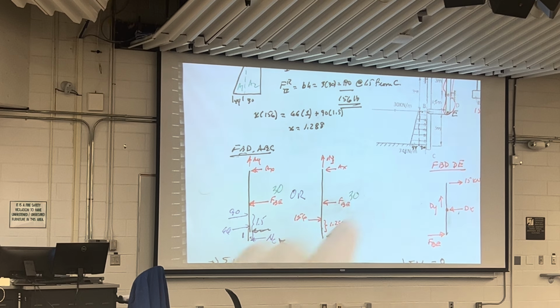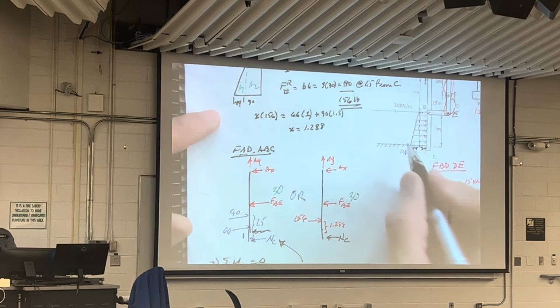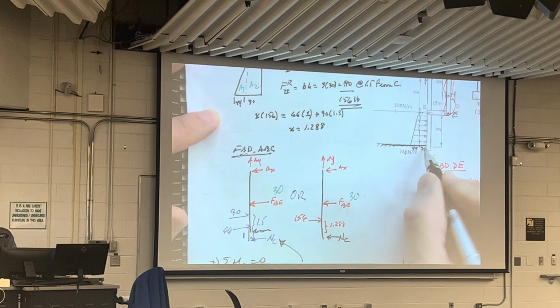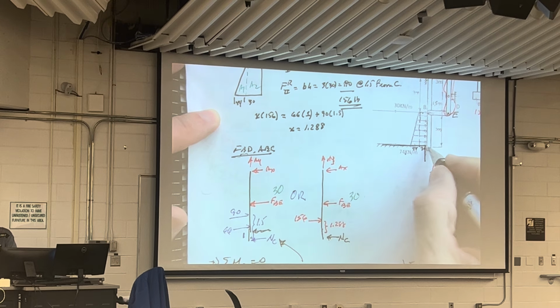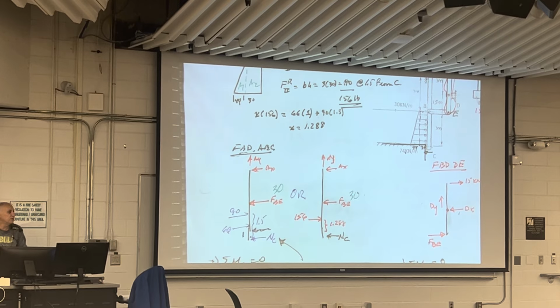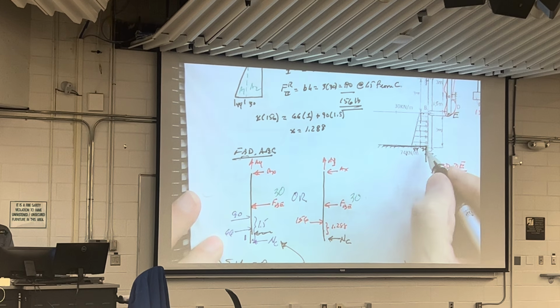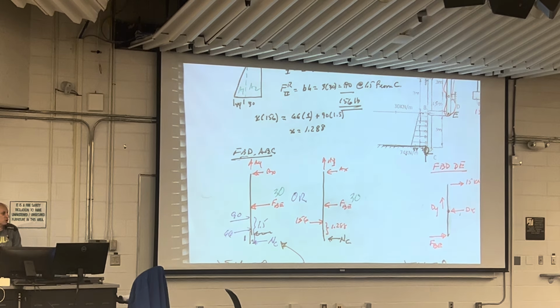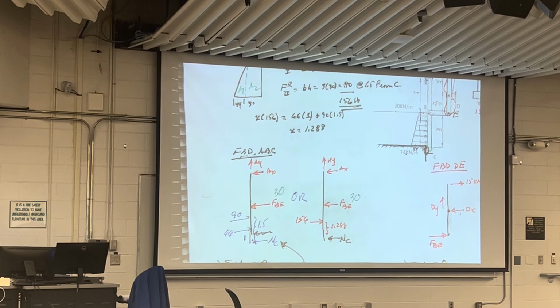So I've got this right here, this is a solid surface, and the beam is laying on it. Anytime something lays on something, that's a roller. I could have technically put a circle there, but it's understood that it's a roller when you're just laying on top.